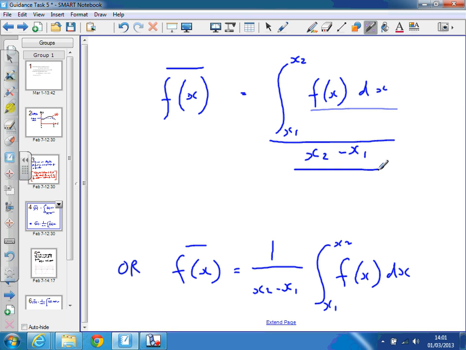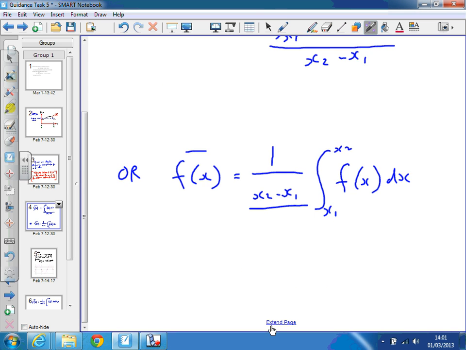Instead of dividing by x2 minus x1, we could multiply by 1 over x2 minus x1, which is this form of the equation here. So the average value is given by this, and that's the way you usually see it written in the textbook. But 1 over x2 minus x1 times the integral across that interval.